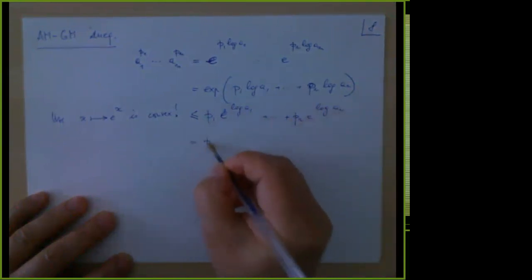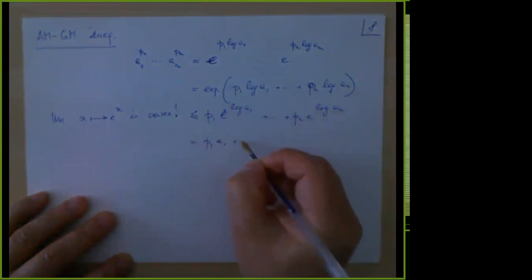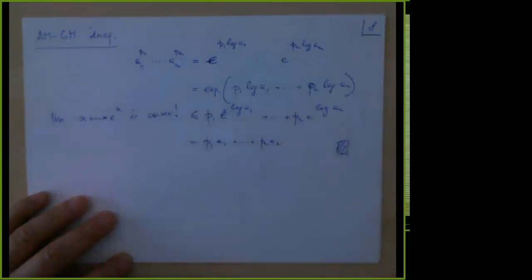And of course, you see that this is nothing else than p1 a1 plus ... plus pn an, which establishes the AM-GM inequality.